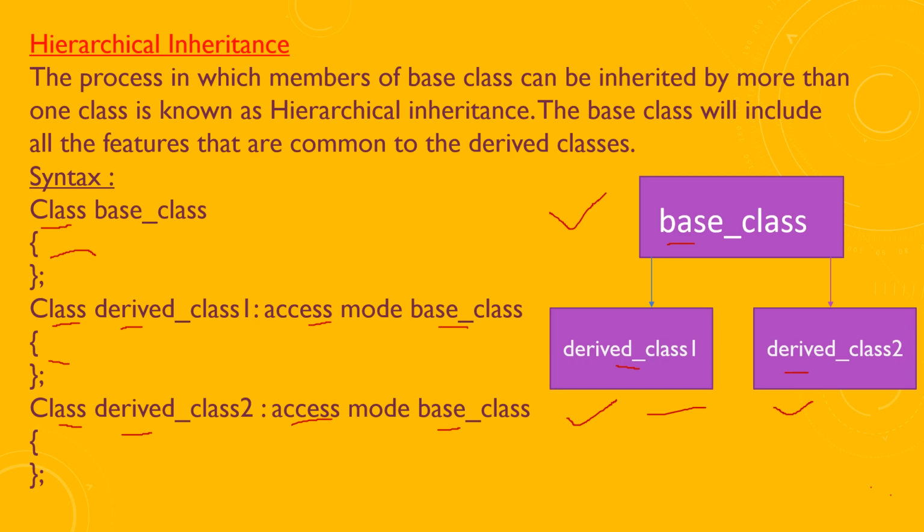So we will write this base class name after the access mode, and then again the members will be kept inside the curly braces, and then we'll close the derived class also. So this is the format of hierarchical inheritance. We can see that the base class will have the common properties or common attributes which are required by both derived class 1 and derived class 2. So this is the concept of hierarchical inheritance. We will now see it with the program.